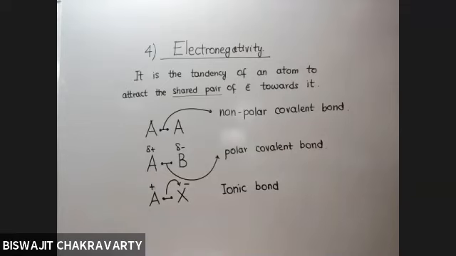Now, it has been found out that the two children have very, very small age difference in between the two. So there will be equal share, and accordingly, they will be equivalent to that of the first example, where both of them get the equal share. It is called a non-polar covalent bond.